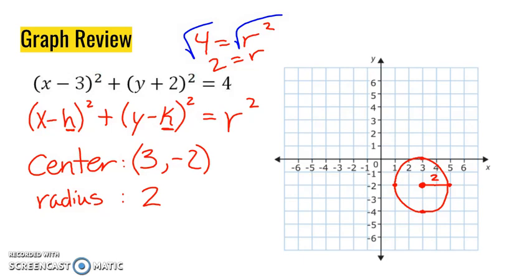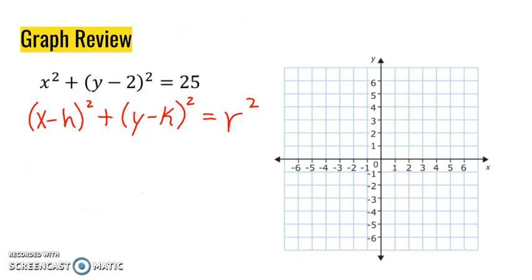Let's do one other. Okay, so the next circle that I have is x squared plus y minus 2 squared equals 25. Okay, again, remember our standard form. We need to find the center, which is our h and k. Okay, it's easy to see what my k is, but hey, it's just an x squared. What's my h value?